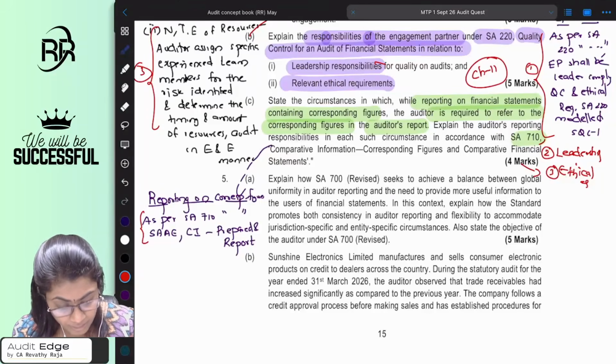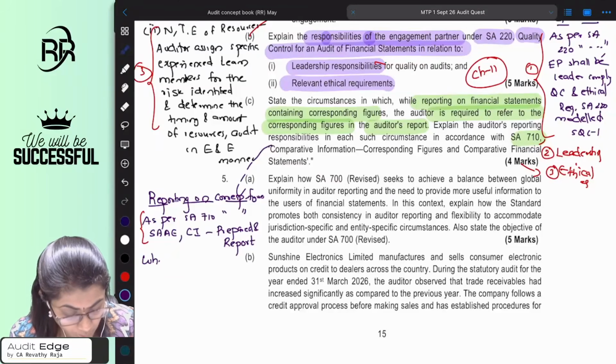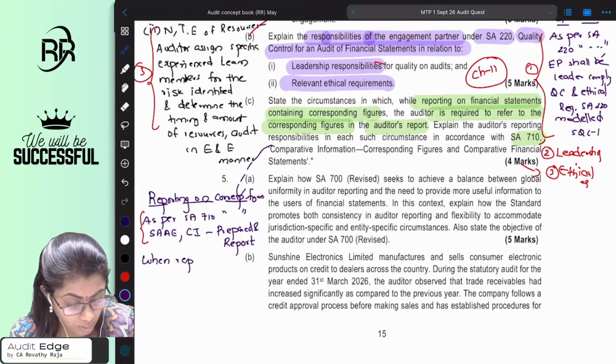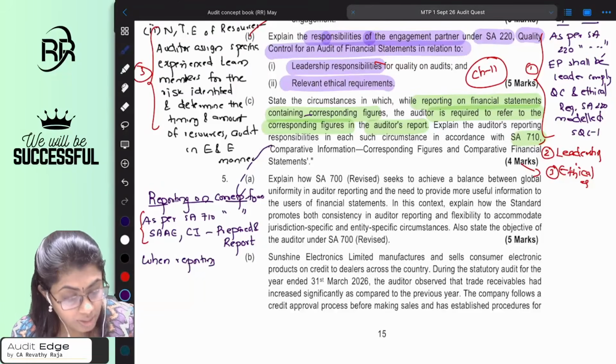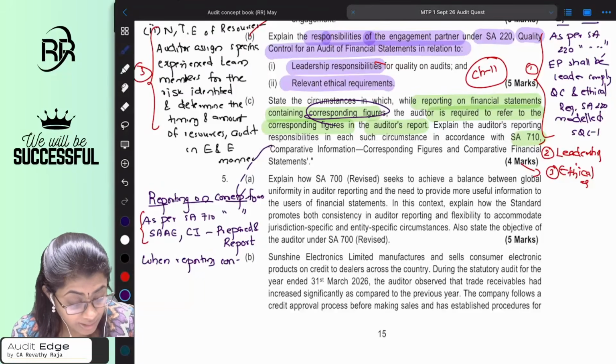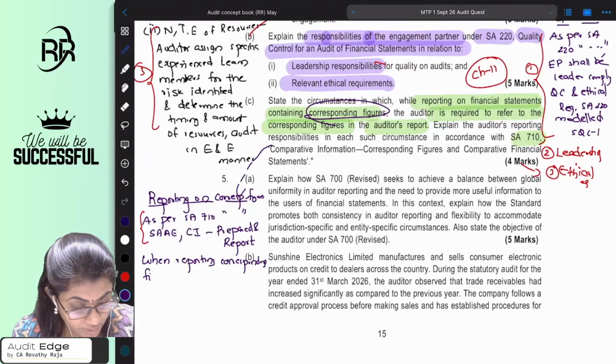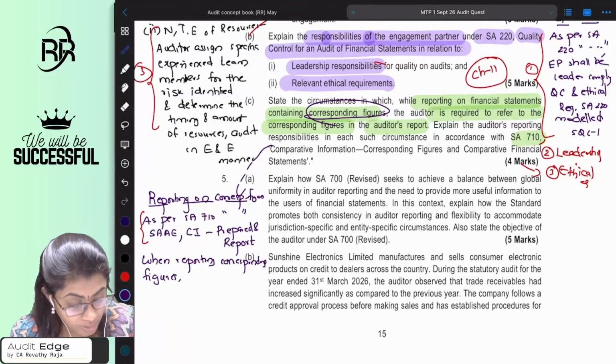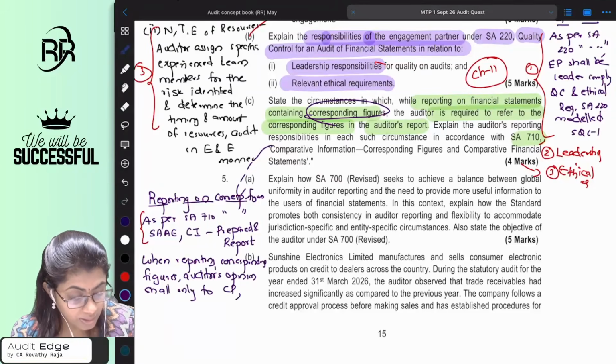Now, the second para: when reporting on what? Corresponding figures. Like this, you have to read back the question in the exam hall. Corresponding figures. The auditor's opinion shall refer only to the current period.